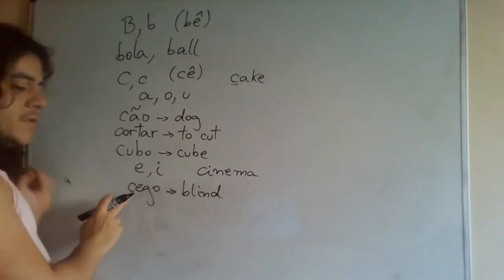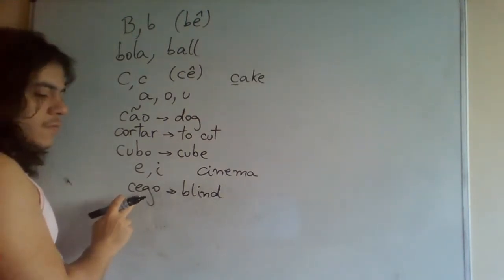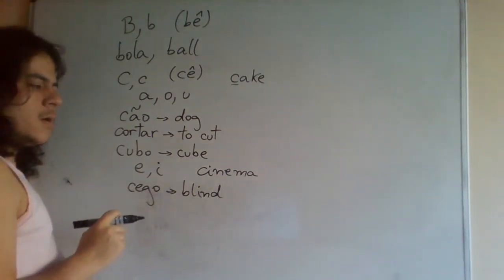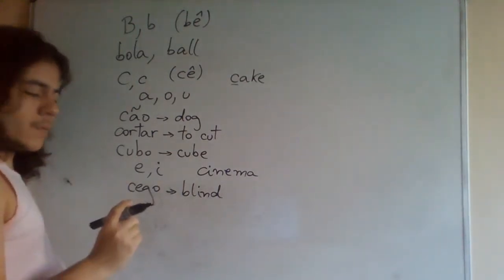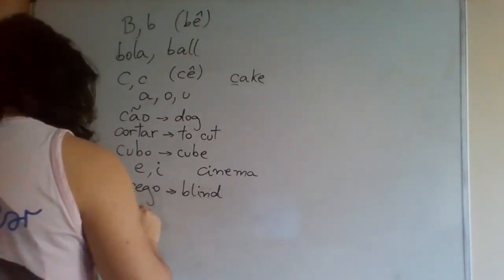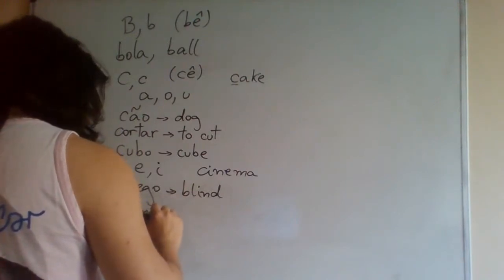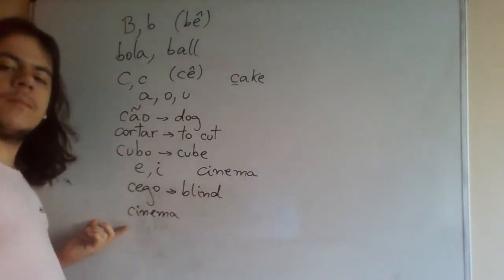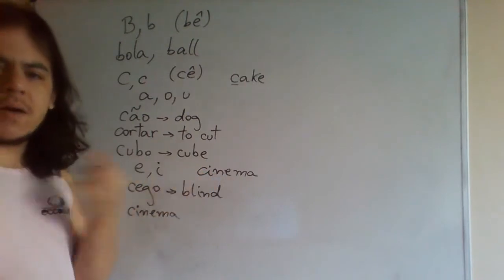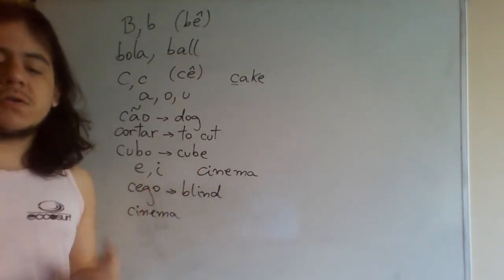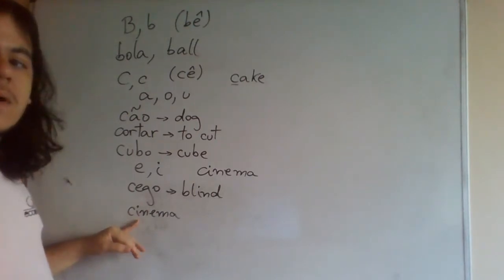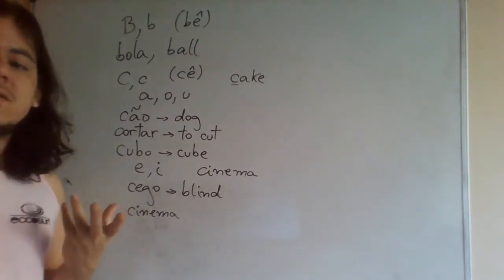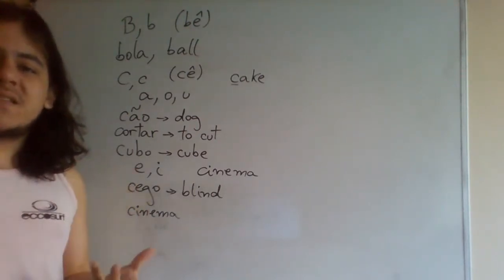Cego. So letter C before the vowel E has an S sound. Another example is cinema. It means cinema in English, or movie theater. So letter C before the vowel I has this sound S.